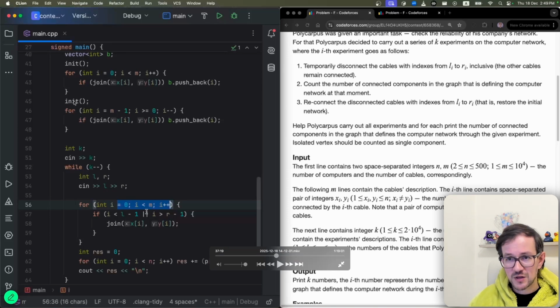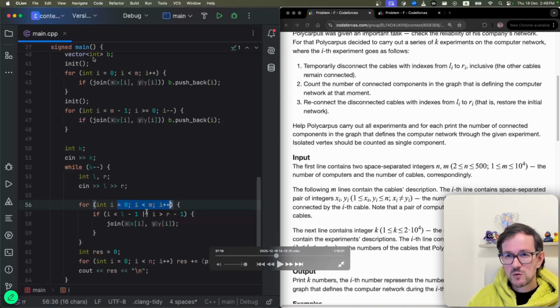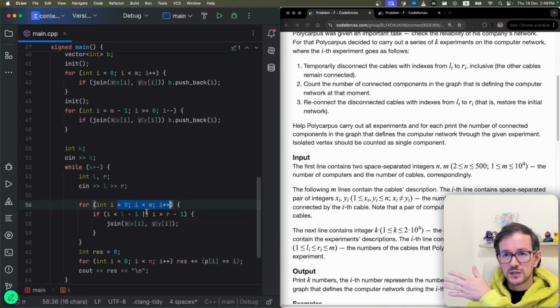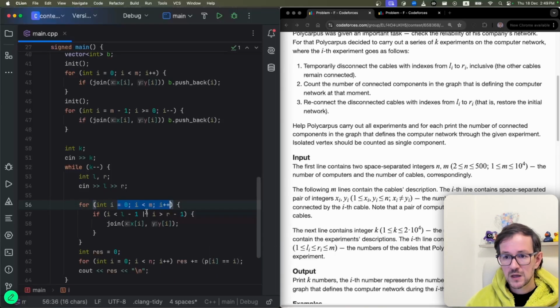Then I reset DSU, go from right to left, and again, if an edge connects some disconnected components, then I add it. So I will add at most n edges left to right and at most n edges right to left. That's it. So I have 2n interesting edges. And so in this loop, I only need to check interesting edges, not all of them.